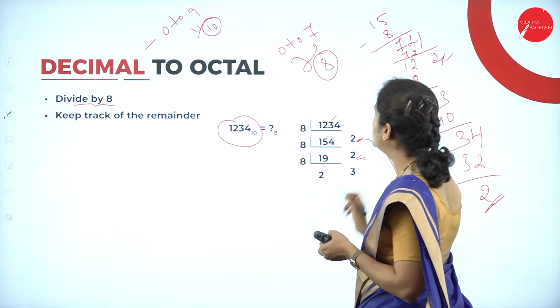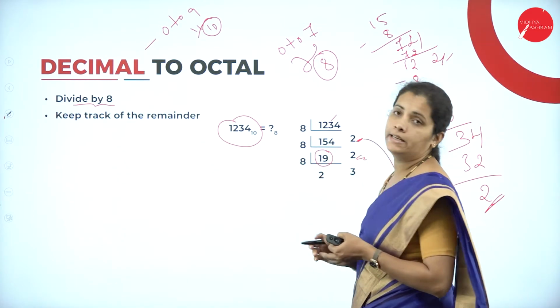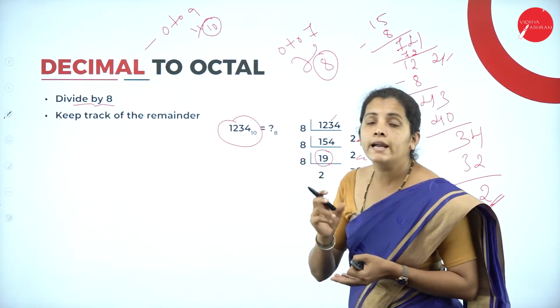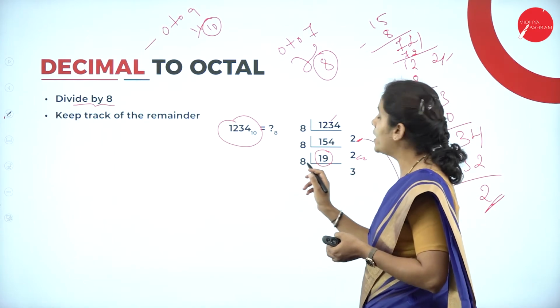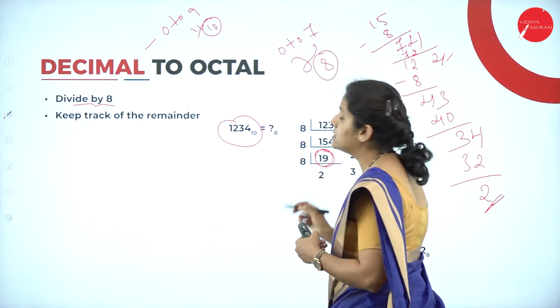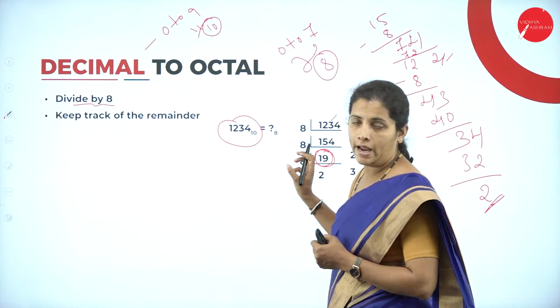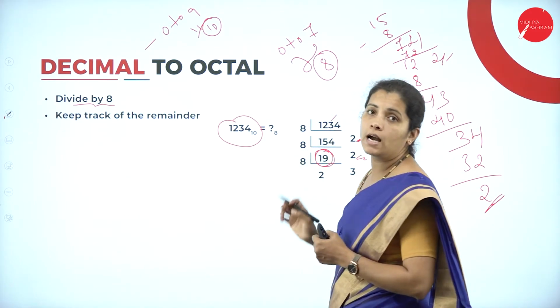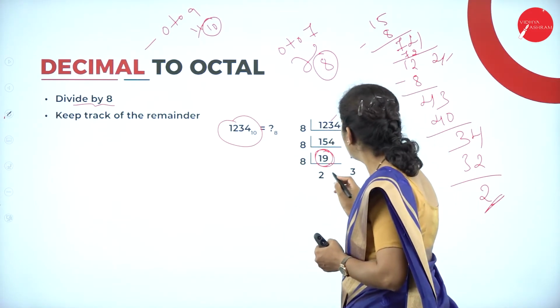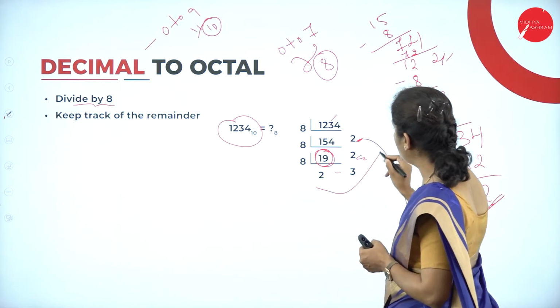Here it is 2. Now I have 19. I'm going to divide 19 by 8. So 8 2s are 16. What is the remainder? 3. So this is the actual value.